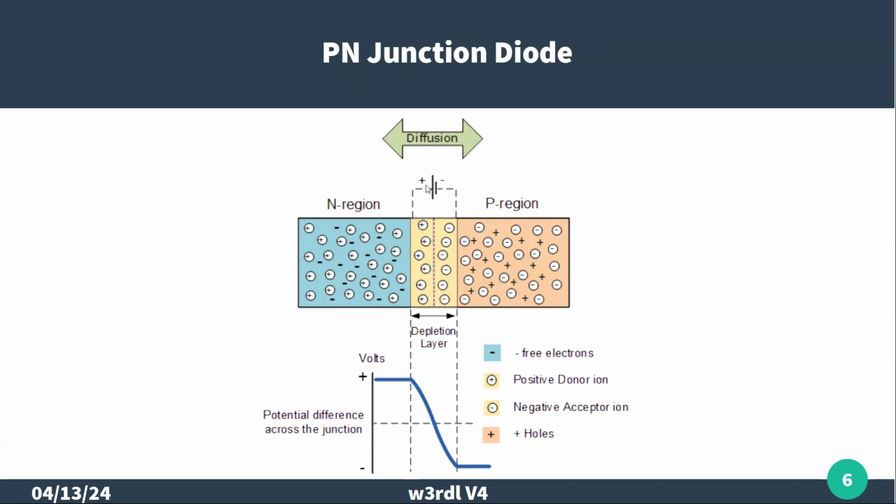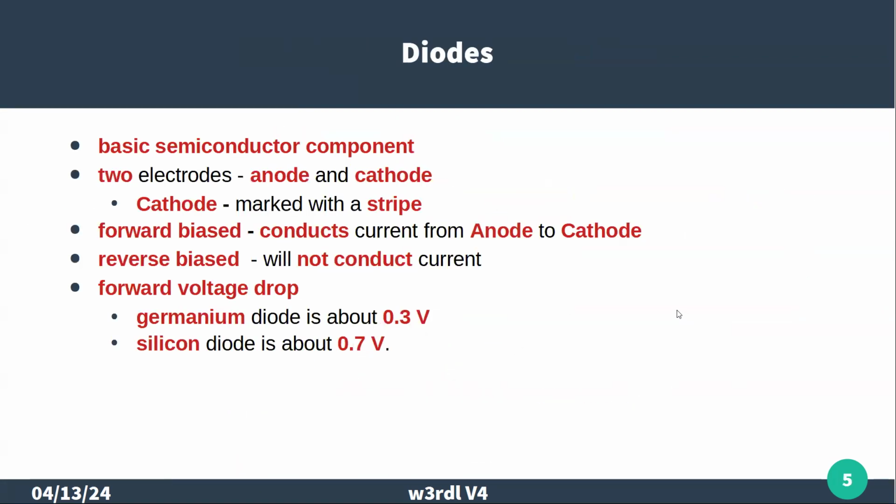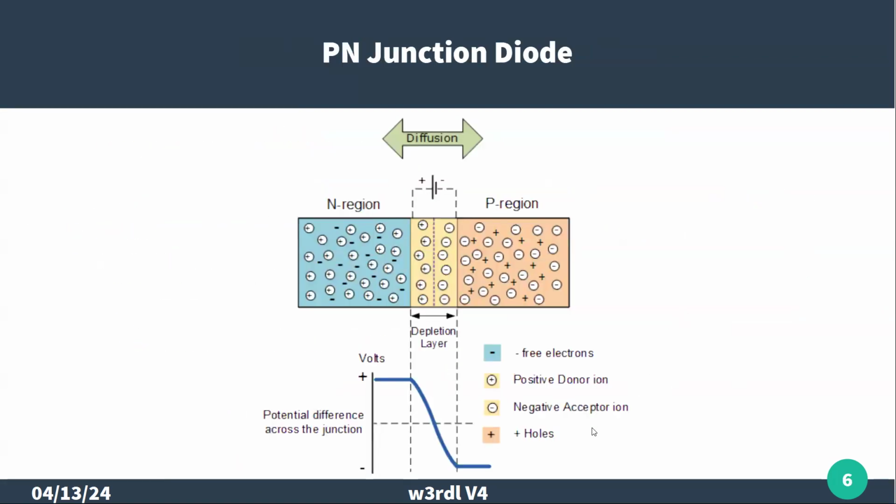And it has this potential difference of the 0.7 or 0.3 volts in order to cause conduction from the P region to the N region. And this is just showing this potential difference across that depletion layer.